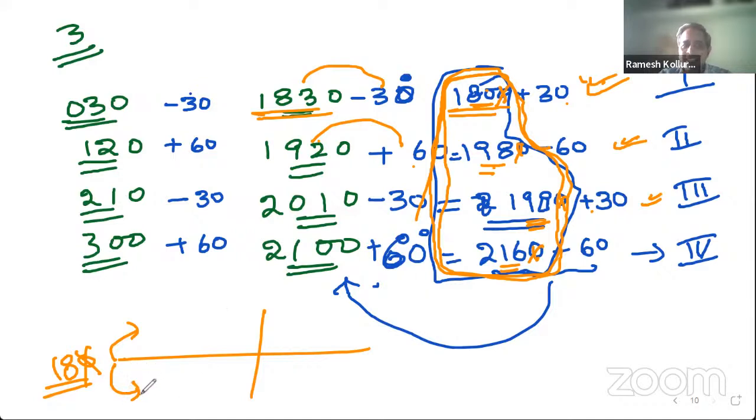Otherwise, we can deal with it in a separate way. So there are 2 ways to deal with this. One is maintaining the same sign, sine only we are maintaining, and then we are seeing plus or minus here. Right? So although it is a little confusing, I will take a few more examples and try to explain it.